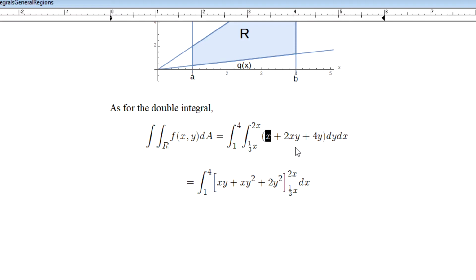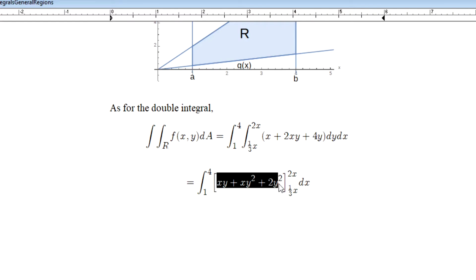This x is treated like a constant, so it's just going to be y to the first power multiplied by that in its antiderivative. For 2xy, the y is going to increase by a power of 2, and we're going to divide by 2. So that produces the xy squared, and 4y is also going to have its y increase to the power of 2, and dividing by 2, 4 becomes the value of 2.